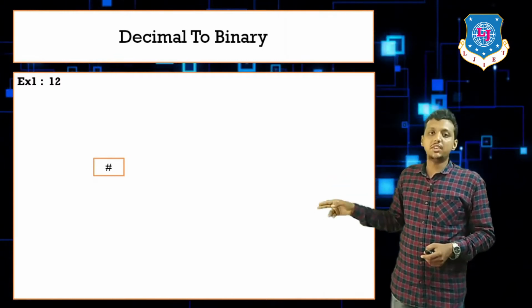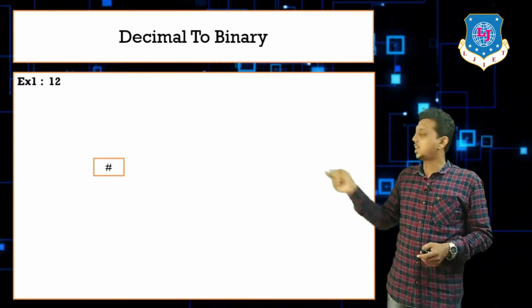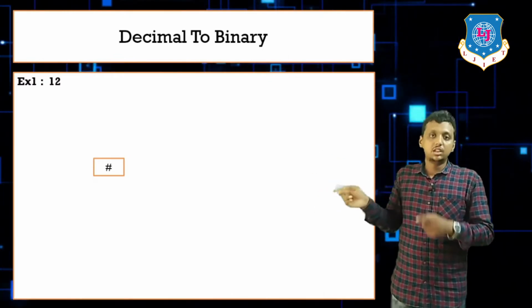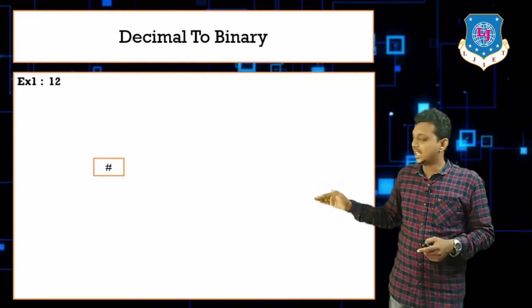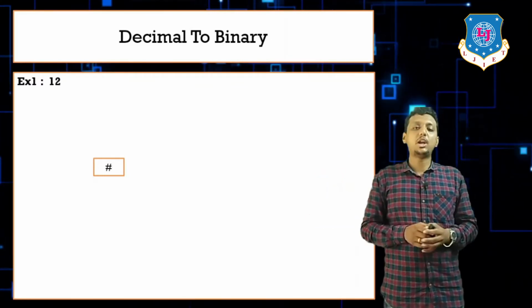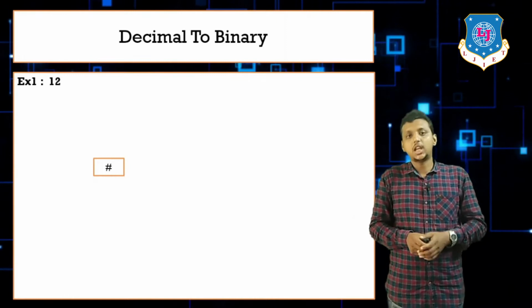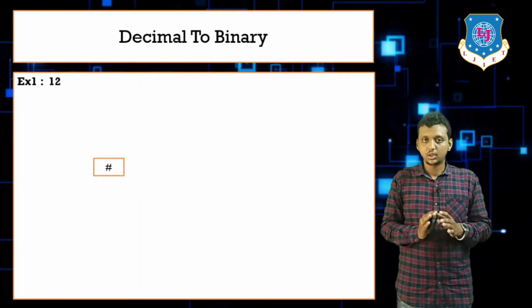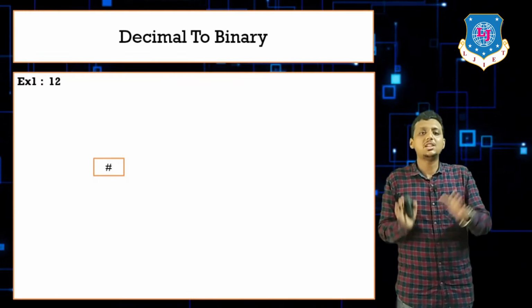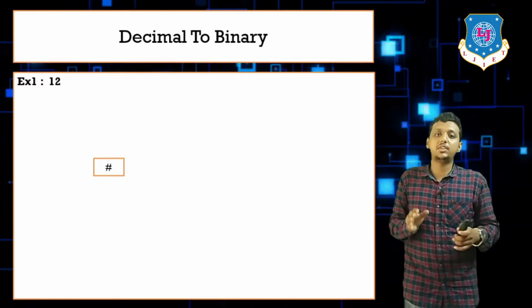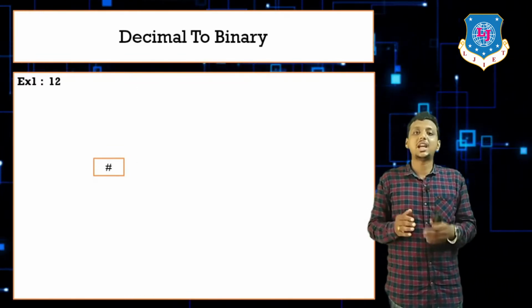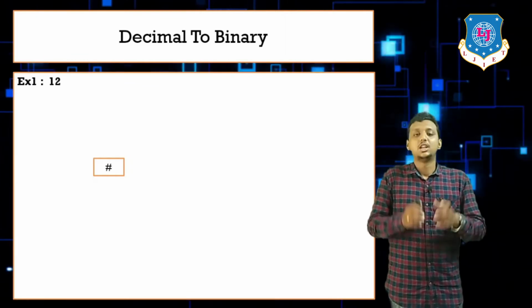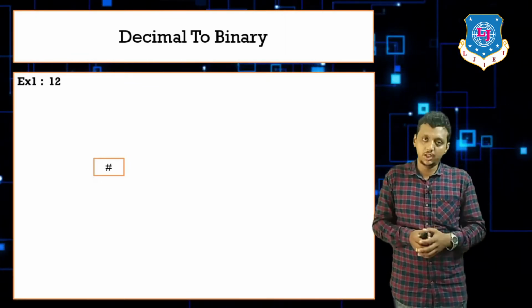Whenever I take out the numbers from the stack and I get hash, I stop my operation. We already did this in infix to postfix expression, where we used to initialize our stack with hash. I'm going to do the same thing over here.